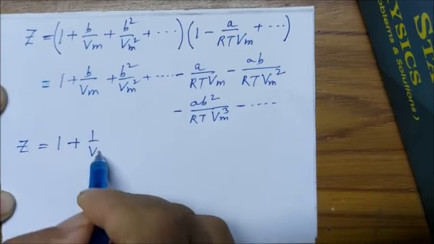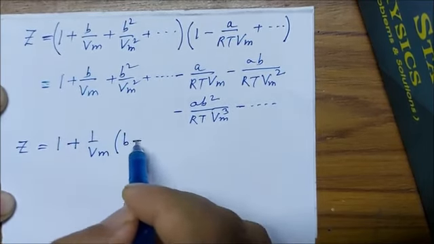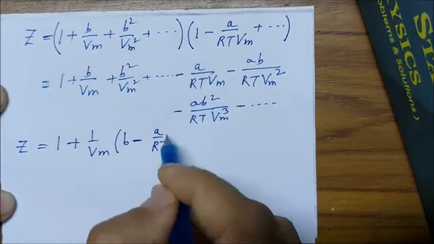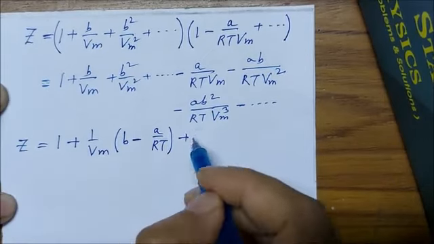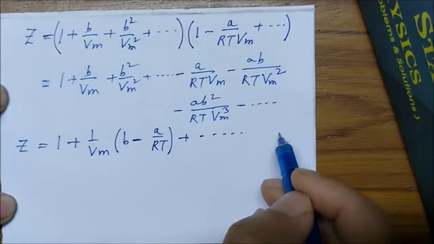Let us take 1 by Vm common so that we have B and A by RT from here, and the other terms can be written, and we have an infinite series.